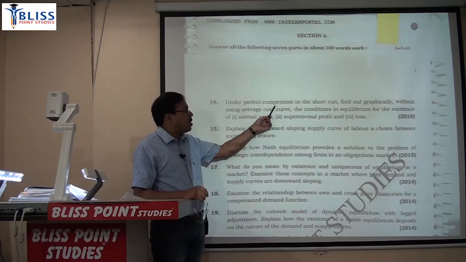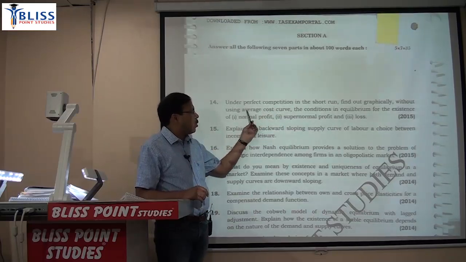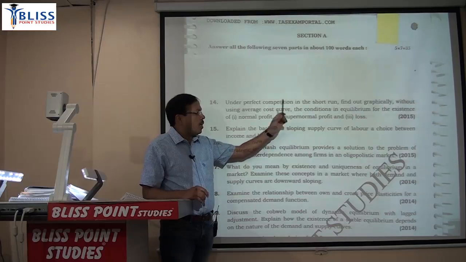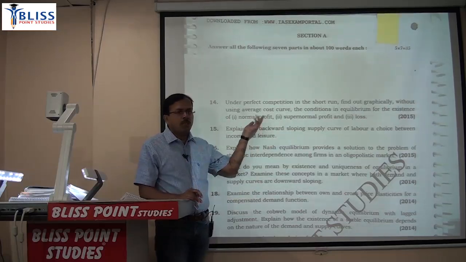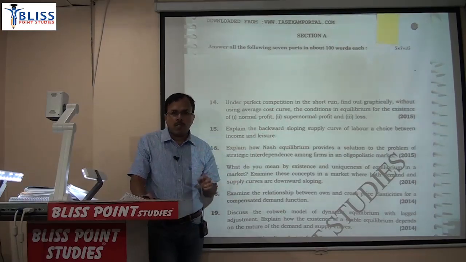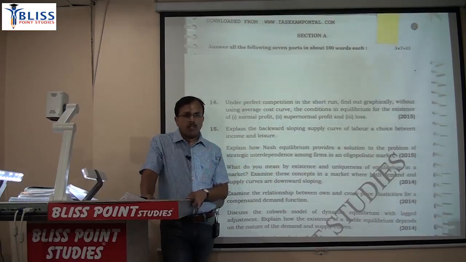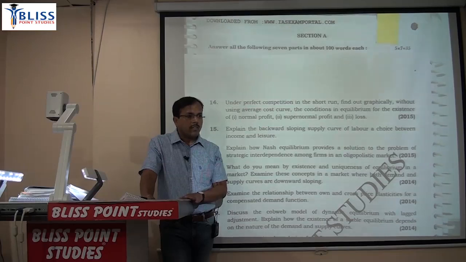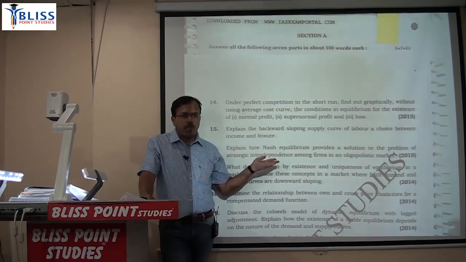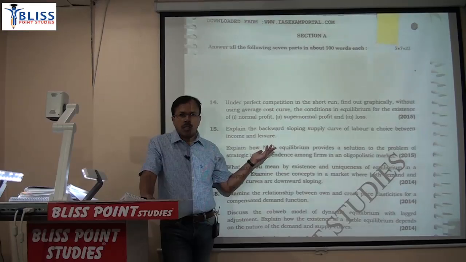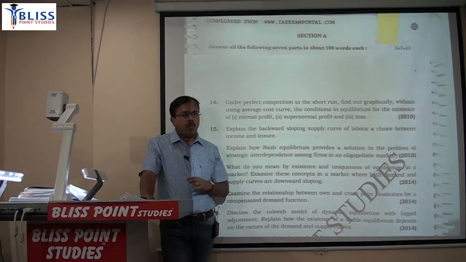Under perfect competition in short run, find out graphically without using average cost curve the condition for existence of normal, supernormal and loss. ये क्वेश्चन यहाँ 10 नंबर का है, वहाँ 5 नंबर का. ये डिपेंड्स, वो 250 नंबर का पेपर होता है, ये 200 का पेपर होता है. कंटेंट आपको वही लिखना है, क्वेश्चन में कोई चेंज नहीं. तो अगर किसी ने AS का पेपर दिया पर उसने पास्ट पेपर में AS का पेपर अगर रिवाइज कर रखा है तो क्वेश्चन तो ये बन जाएंगे, एज इट इज मिल जाना वो क्वेश्चन. You will find many, not 1 or 2.